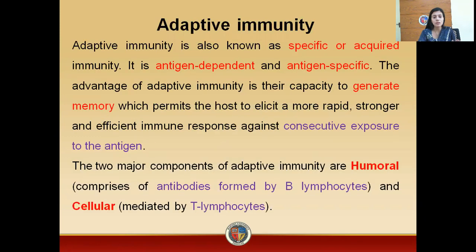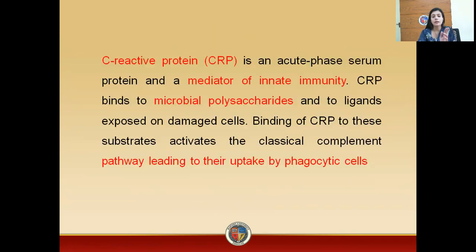So this was all about the innate immunity, which you also call the natural immunity. This is the immunity which is basically comprised of the different barriers of your body. This is the immunity which involves the neutrophils. This is the immunity which involves the macrophages.